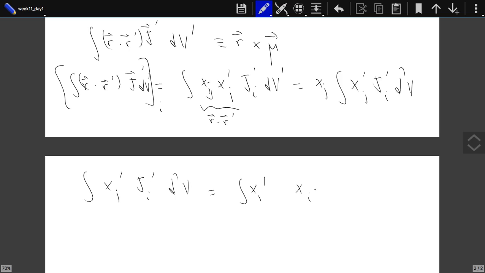Instead of j_i prime, I can write x_i j_k prime, x_i prime j_k prime, take its derivative with respect to x_k dv prime. Since the divergence of j is 0, that derivative just gives me j_i.